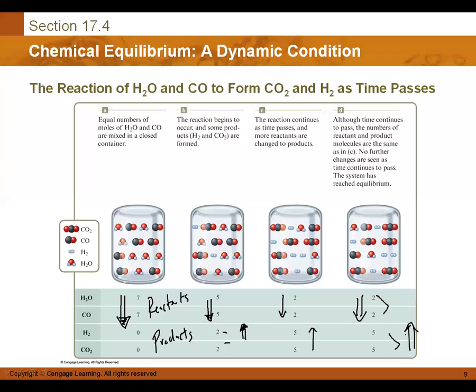Because we start with only reactants, it forces the reaction toward the products, almost a one-way street. But because it's reversible, it builds up products, which kicks off the reverse reaction until everything is heading back and forth at the same rate.